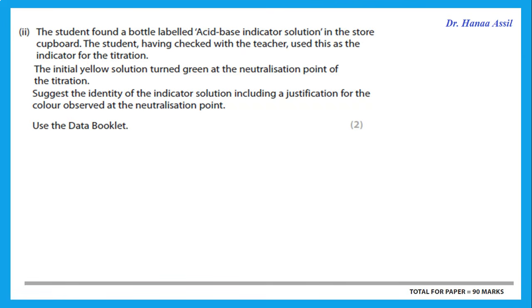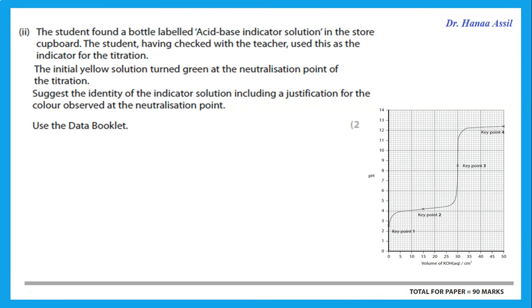The student found a bottle labeled acid-base indicator solution in the store cupboard. The student, having checked with the teacher, used this as the indicator for the titration. The initial yellow solution turned green at the neutralization point. So, identify the indicator, including a justification for the color observed at the neutralization point.